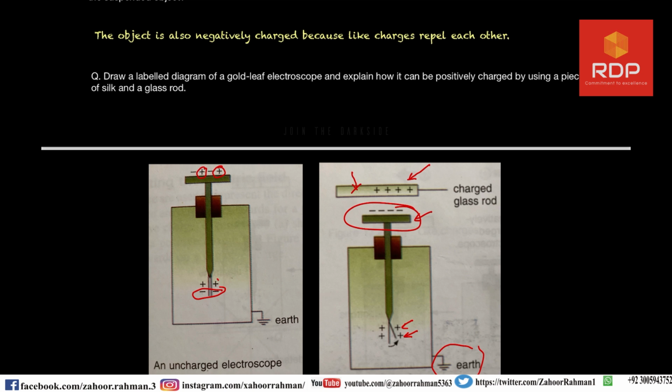How will we understand that only positive charges are there? In this case, the leaves will repel each other, so they will be in the diverged form.